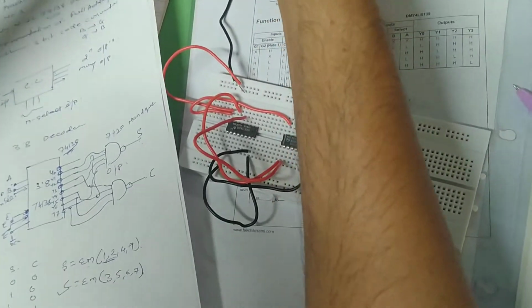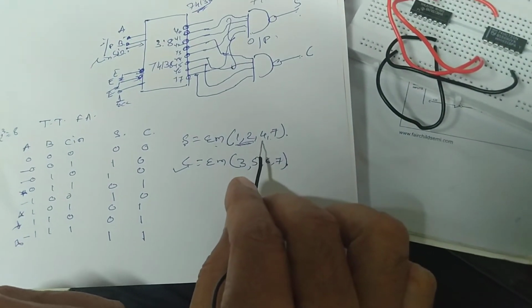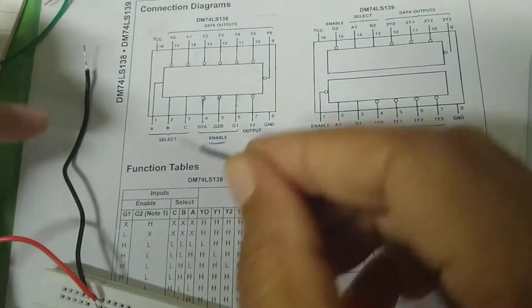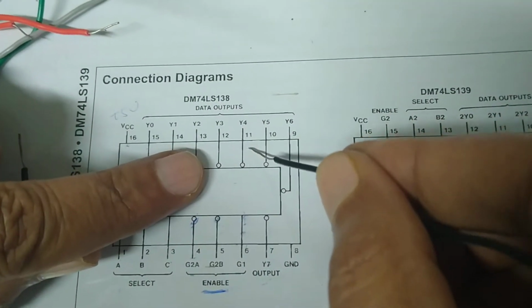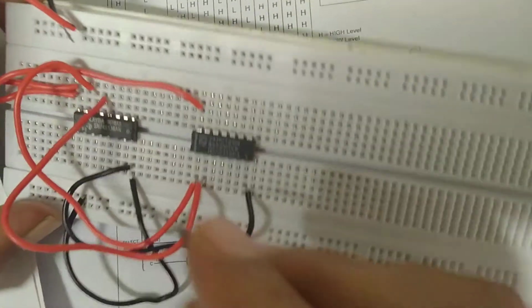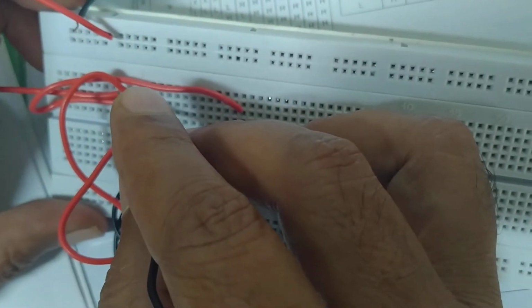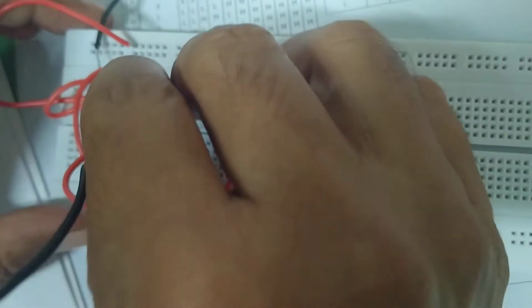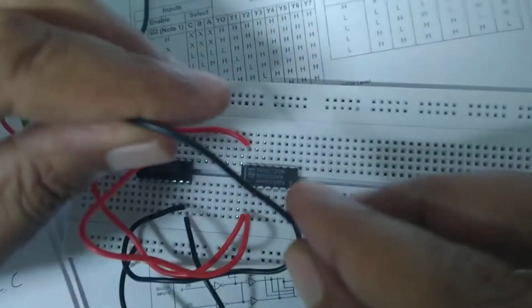Then the third input is Y4. Where is Y4 present? At 11. Y4 is at 11 terminal. So 11 of this is 15, 14, 13, 12 and 11.